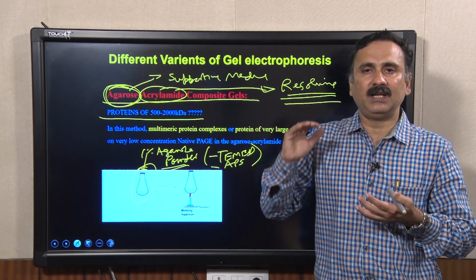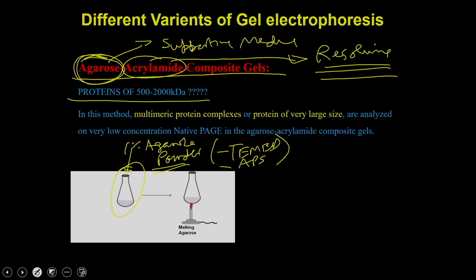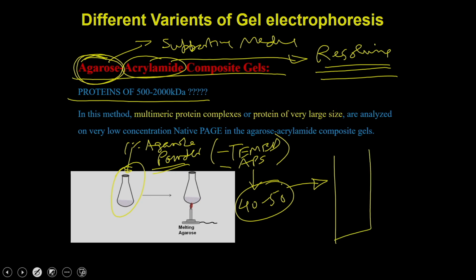You boil it so that the agarose gets melted, and when this solution cools down to 40 to 50 degrees, you pour it into the glass plates which you use for vertical gel electrophoresis, and let it set to give you the resolving gel.